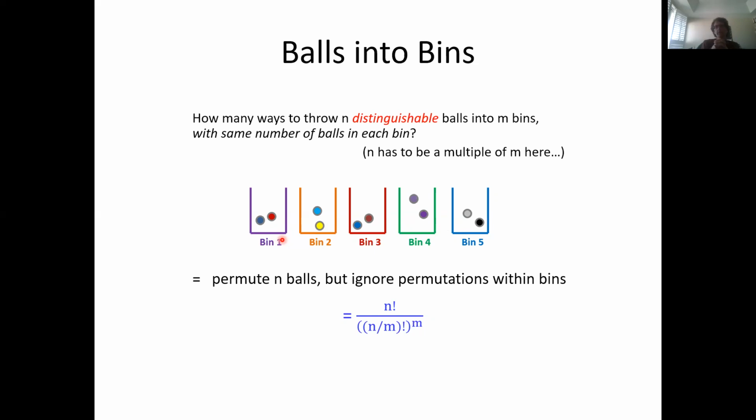I have a multiplicity of every letter. I guess the bins are my letters, right? That was so in the other examples.